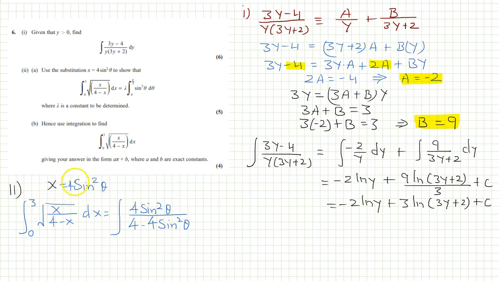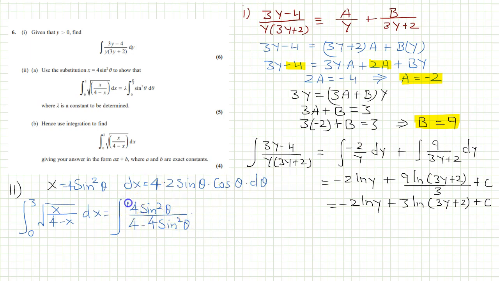Now if x is 4 sine square theta, dx will be 8 sine theta cos theta d theta. So we put this value of dx, multiply.